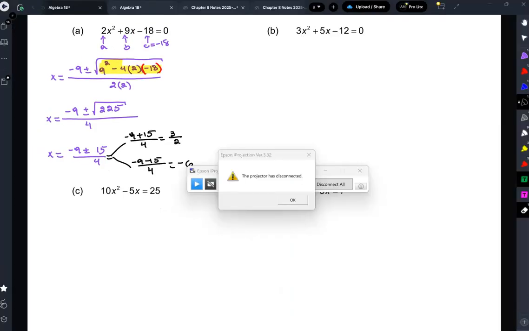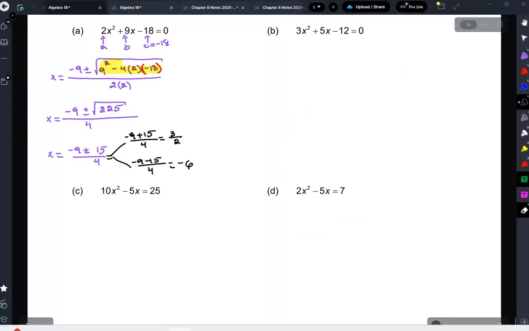Okay. Now, all right, so for the next one, A is 3, B is 5, C is negative 12. So here we go. Negative B means negative 5. So we always do x equals. Always x equals.